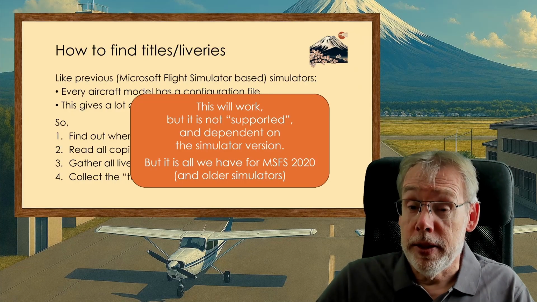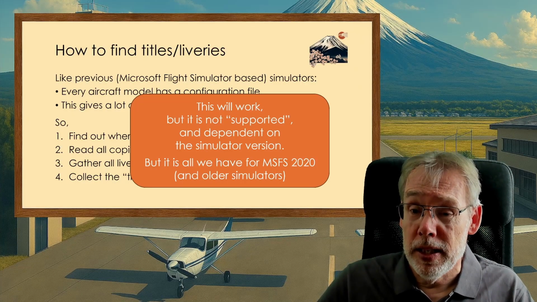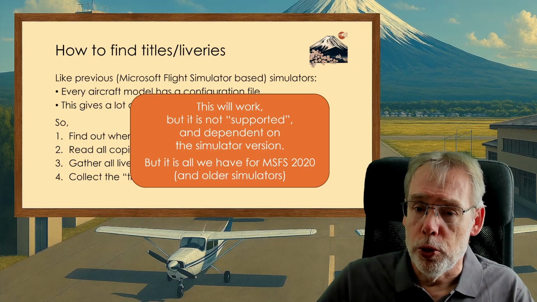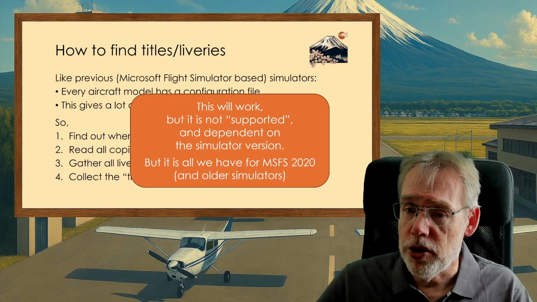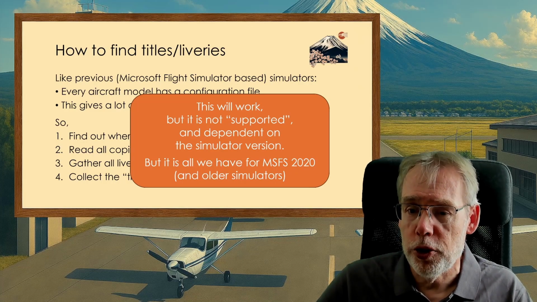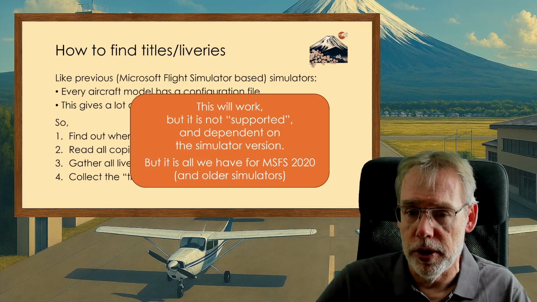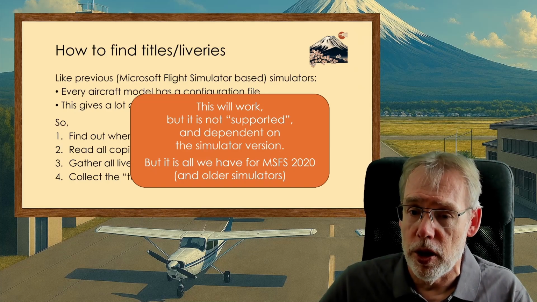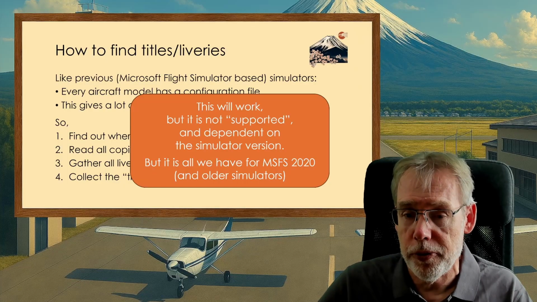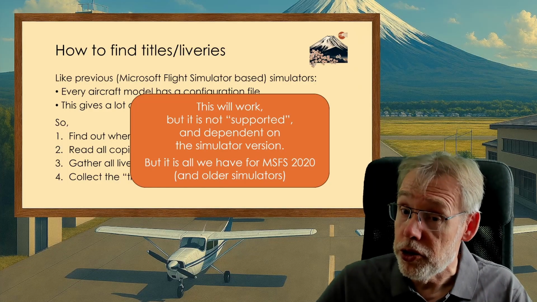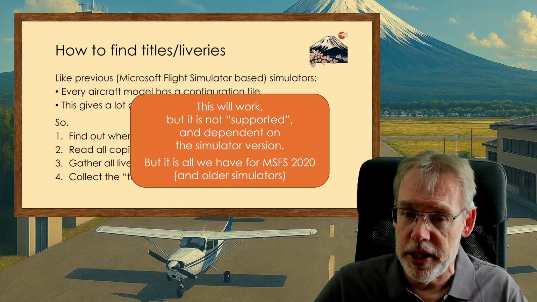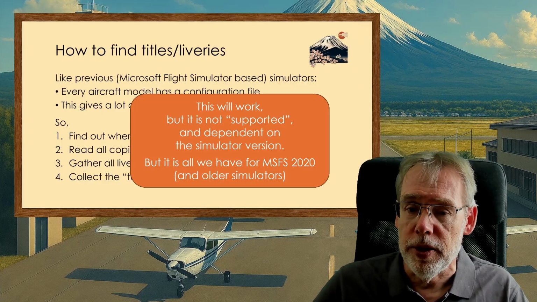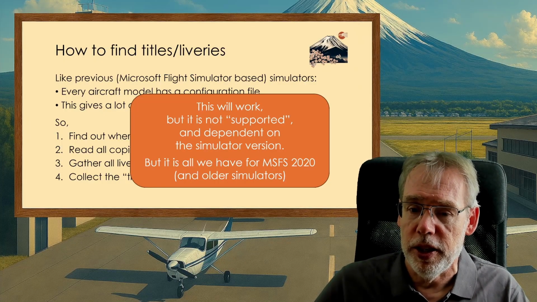It has always worked, and most tools use that, but it's never been formally supported by any version of the simulator because it's very dependent on the particular version of the simulator and also on the maker of the add-on, because it depends on how much data has been added.